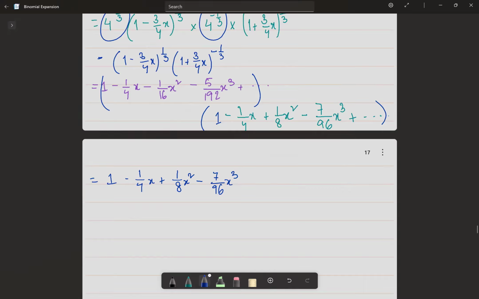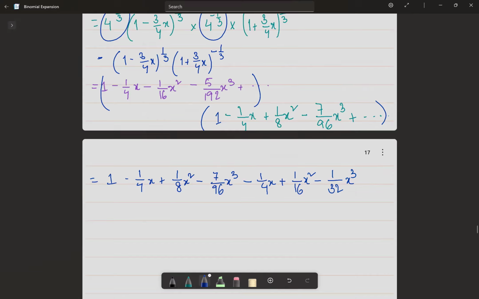So minus 1 by 4x into 1 gives you minus 1 by 4x. Then minus 1 by 4x into minus 1 by 4x gives you positive 1 by 16x squared. And then minus 1 by 4x into plus 1 by 8x squared gives you minus 1 by 32x cube.